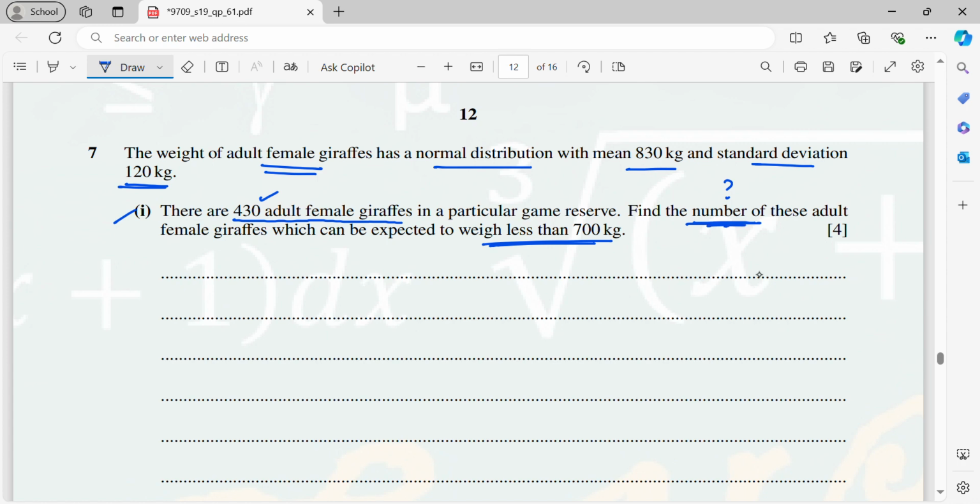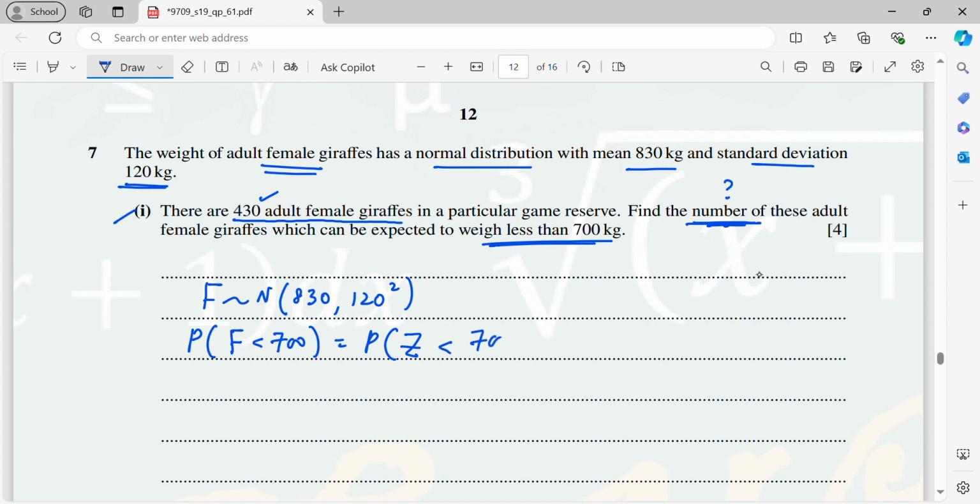Okay, so now your female, let's say F, is normally distributed with mean 830 and variance 120 squared. So now the probability that the weight of a female is less than 700 kilograms. Since this is normally distributed, again I will standardize it.